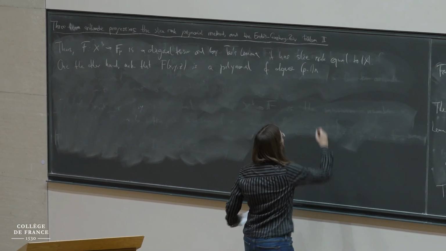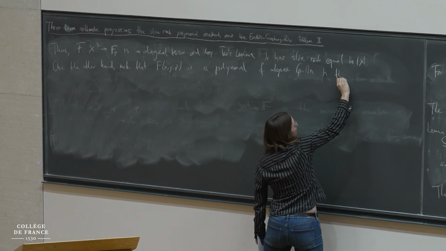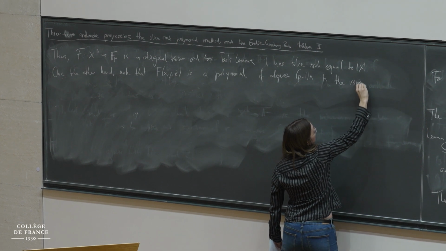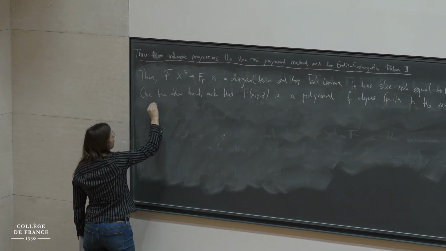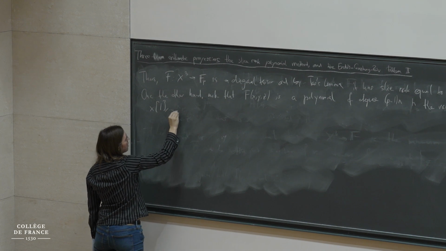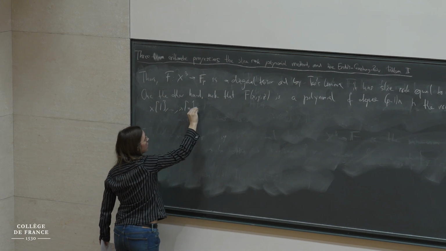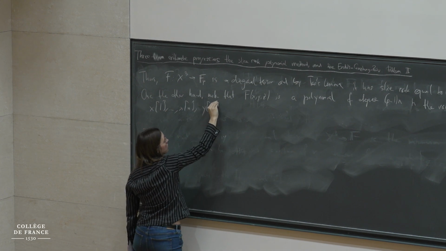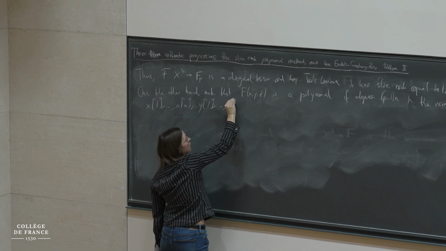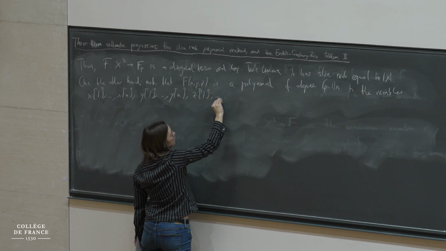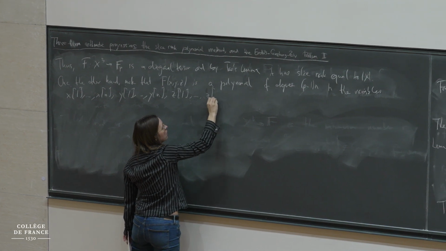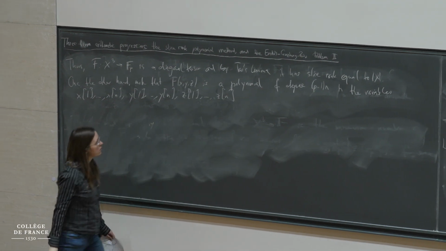And let's just be clear what variables we have here. First, there are the variables which are the entries of x, so there's x_1 to x_n. And then there are the entries of y, and then there are the entries of z. So in total, we have 3n variables here.